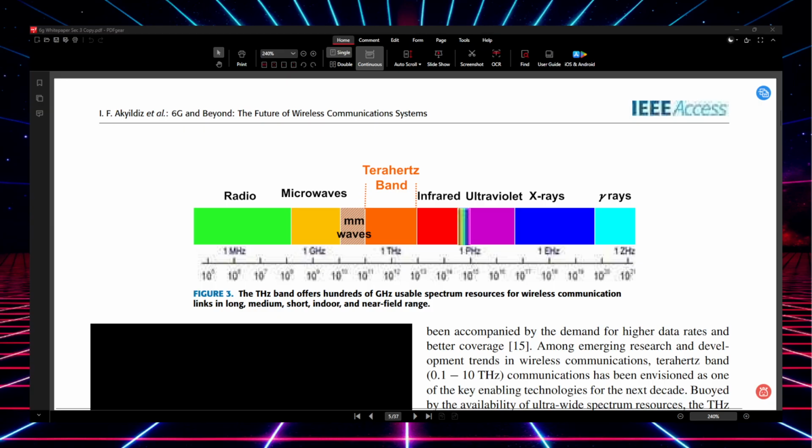And then you have millimeter waves right here in that little striped section. And the terahertz band, which is in the orange, is from 10 to the 11th to 10 to the 13th. So it fills the gap between millimeter waves on the left and infrared spectrum waves on the right.